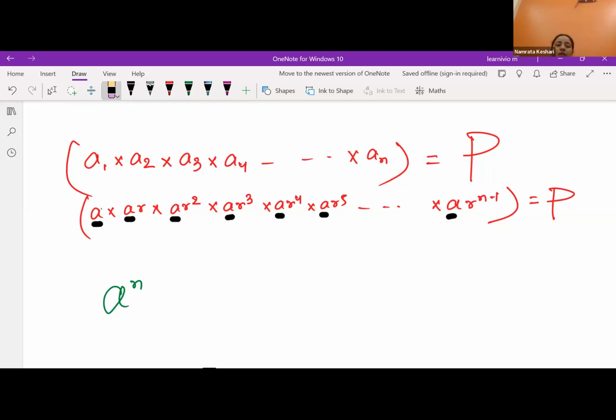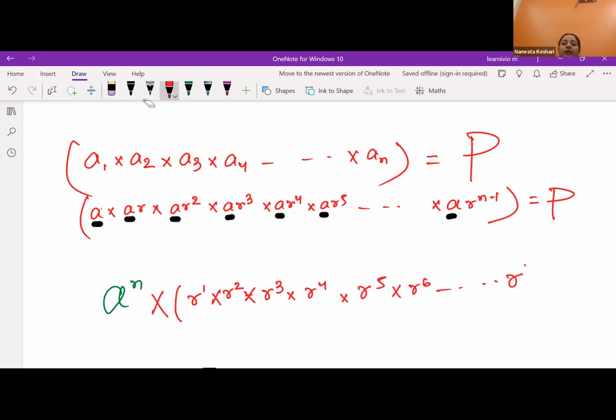Now, R, if you look closely, you have R to the power 1 multiplied into R to the power 2 into R to the power 3 into R to the power 4 into R to the power 5 into R to the power 6, dot dot dot, R to the power n minus 1.